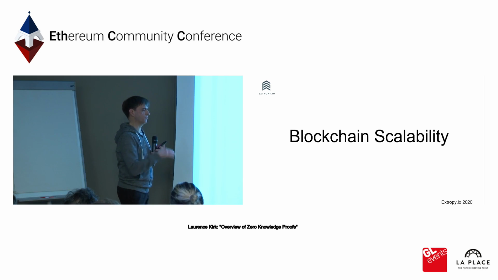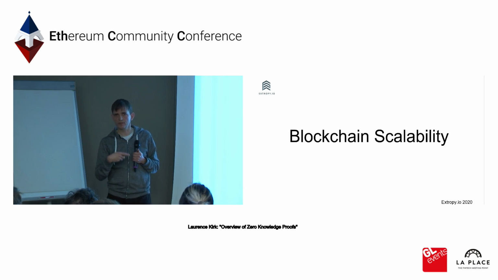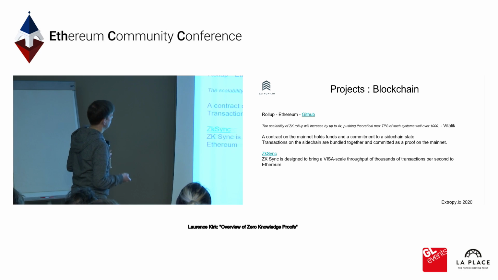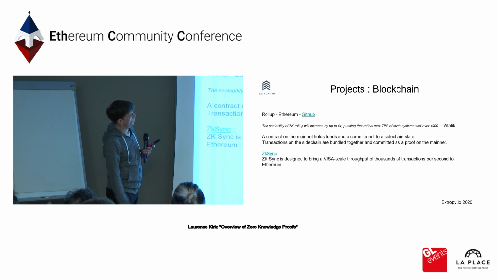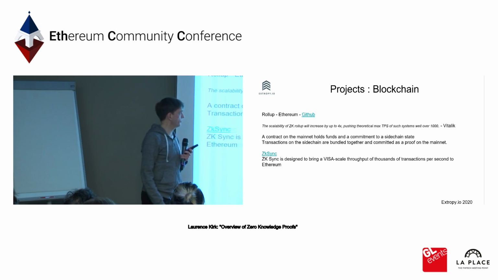But that's just one aspect of zero-knowledge proofs. If you look at the proof side, we have some use cases in blockchain scalability. So, for example, a very well-known project, I think, is Rollup. This can increase the transactions per second on Ethereum.